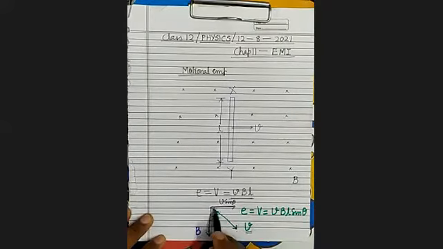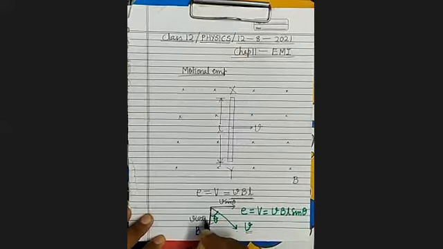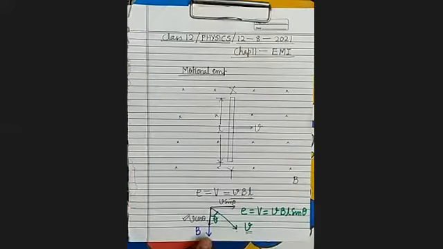One component is V sin theta and another, in the direction of the field, is V cos theta. Because of this component, no EMF is induced, because here it is not cutting the flux lines. It is moving along the flux lines, and therefore no EMF will be induced.